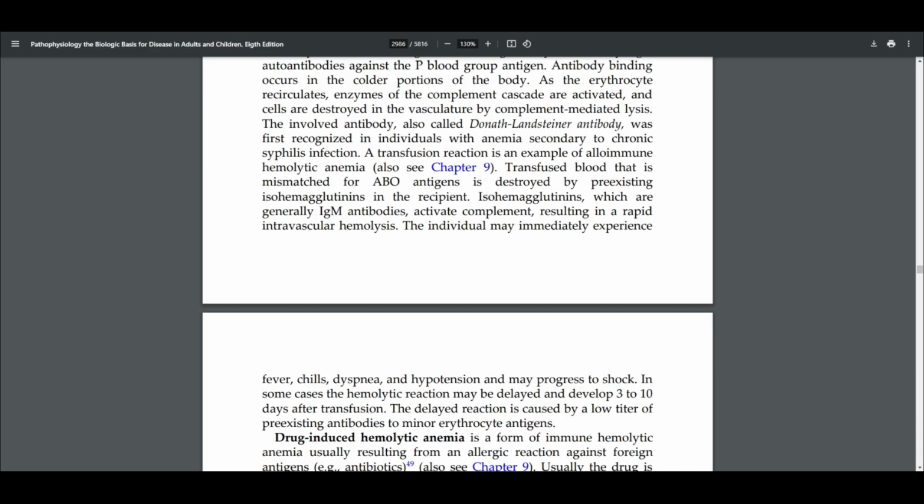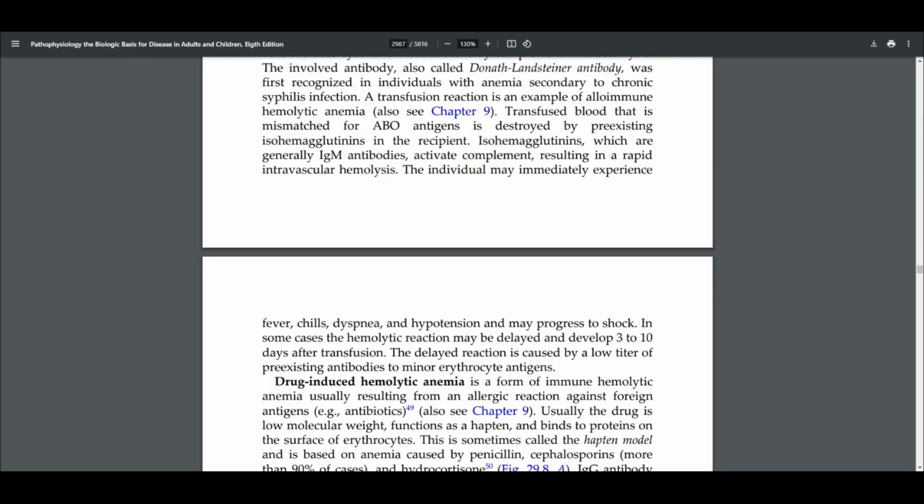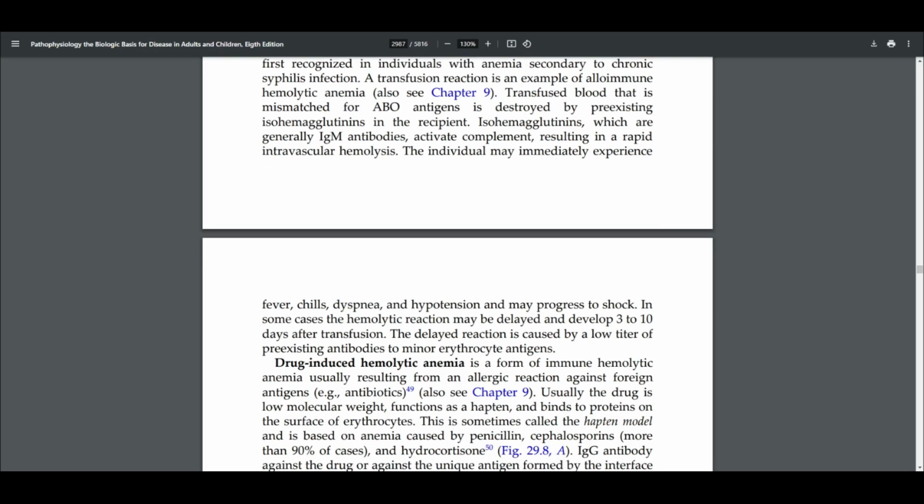A transfusion reaction is an example of an alloimmune hemolytic anemia. Transfused blood that is mismatched for ABO antigens is destroyed by pre-existing isohemagglutinin in the recipient. Isohemagglutinins, which are generally IgM antibodies, activate complement, resulting in a rapid intravascular hemolysis.